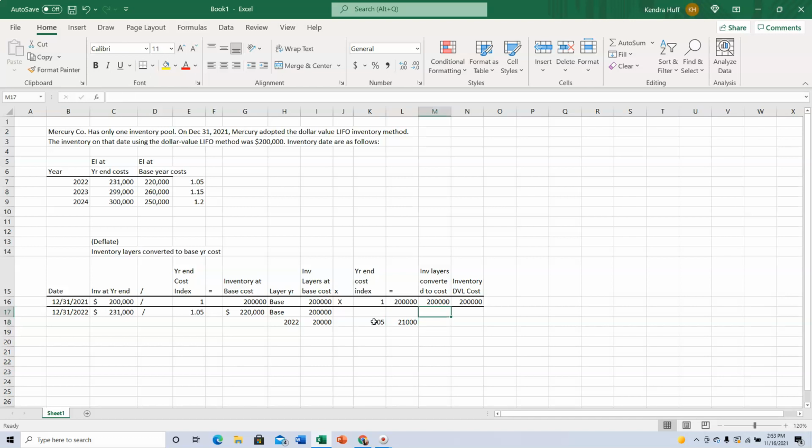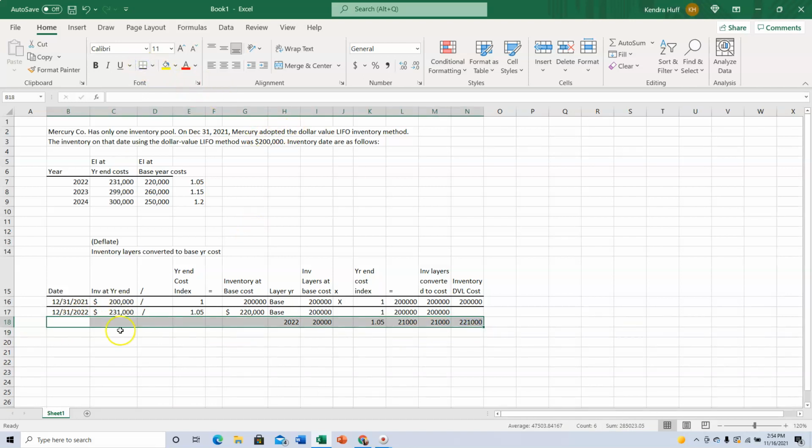So my layers here are the 200 and the 20. Then you add these two up, and that gets you what you have at the end of 2022.